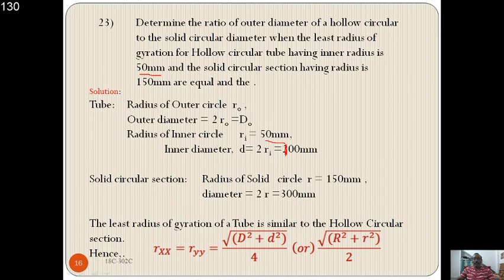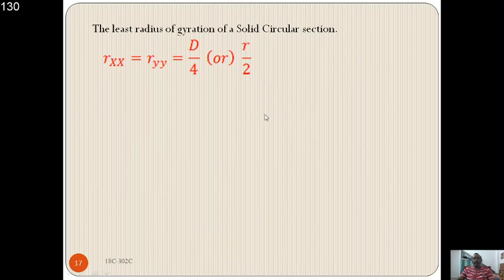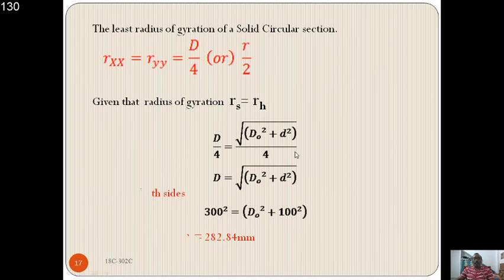Use that value for the solution. Then obtain the value of D naught, the outer dia. By squaring on both sides, you will obtain the D naught value by simplification.